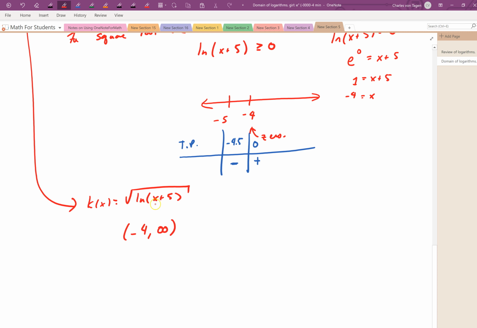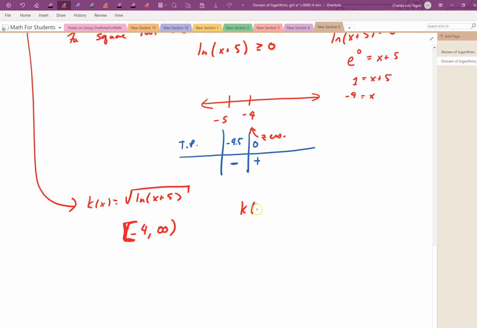But we can't even take values to the left of negative 4, because even though we could take the natural log of that expression, we wouldn't be able to take the square root. And this inequality here is a bracket, because we do allow x to be -4.